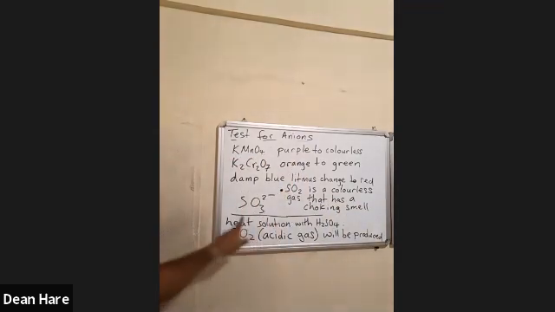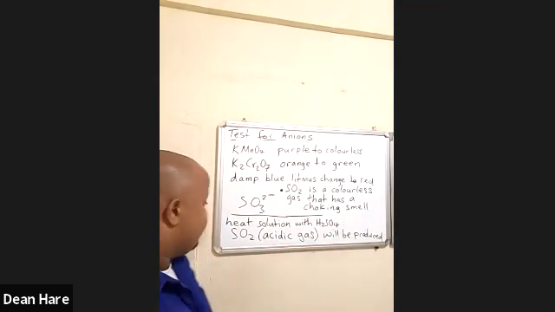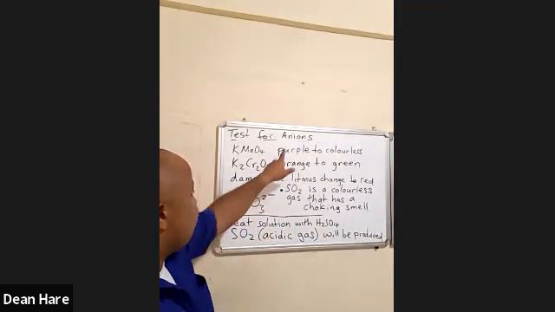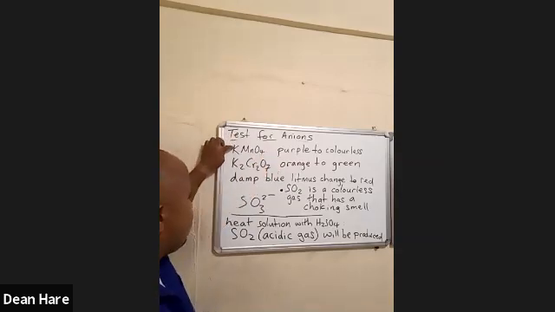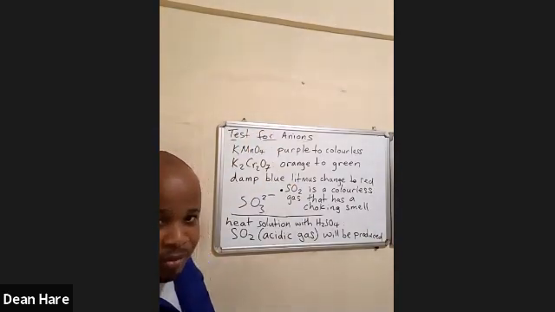So for sulfite, the first thing, heat this solution with sulfuric acid. You will get a gas. What will we do with the gas? We will bubble it through a solution of potassium permanganate. If it changes from purple to colorless, then we know SO2 was given off.